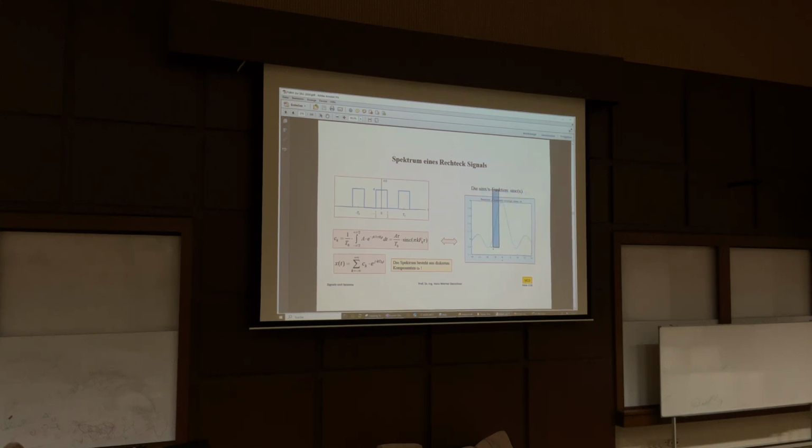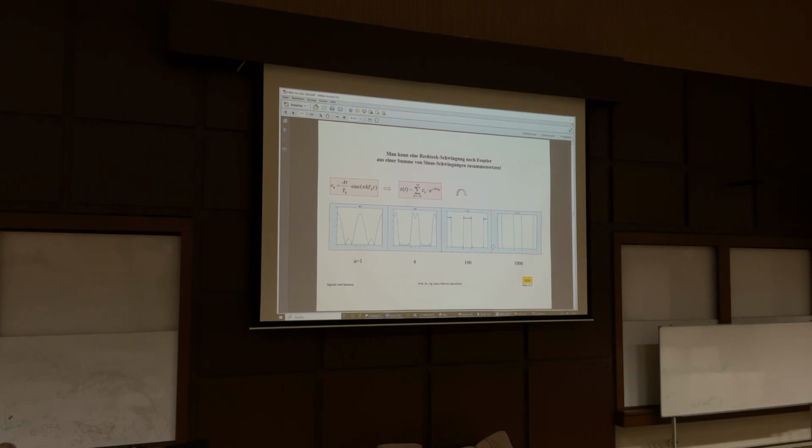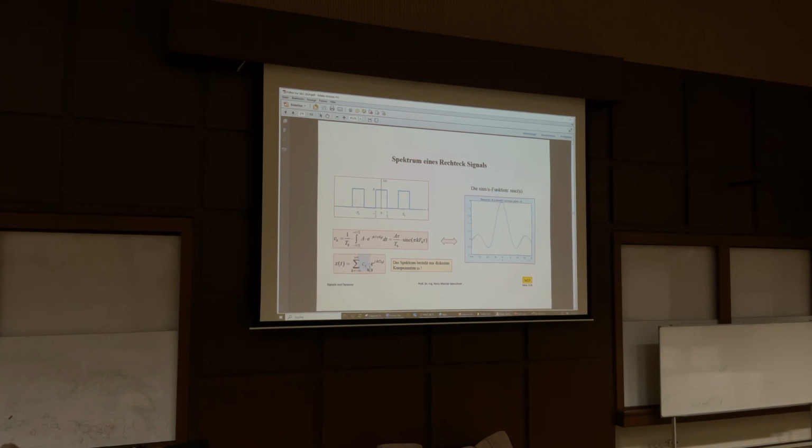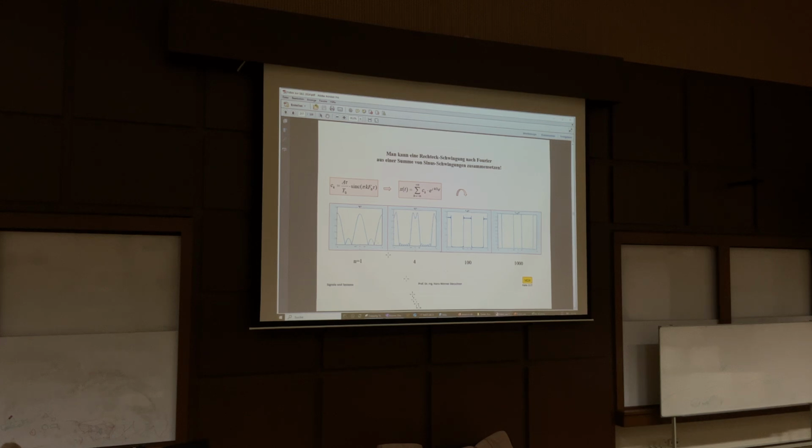And now I can just add up 1 sinus x over x, 2 sinus x over x, and so on. Remember, there is this sum here. The ck's are the sinus x over x functions, and we have to sum them up with different frequencies. If we do that, you see, we have here only 1 sinus x over x.